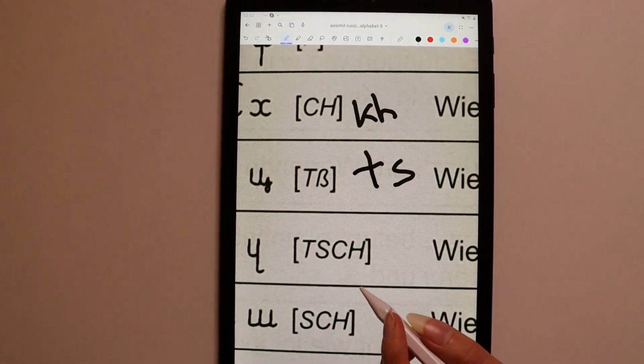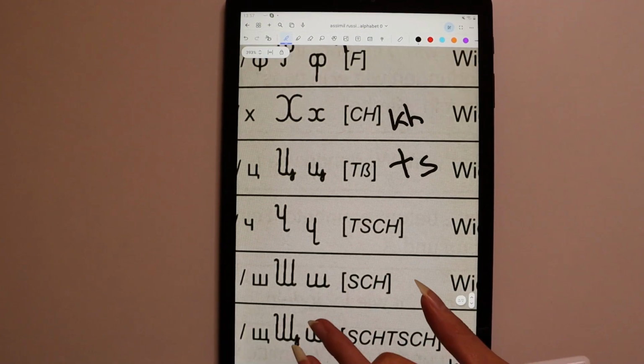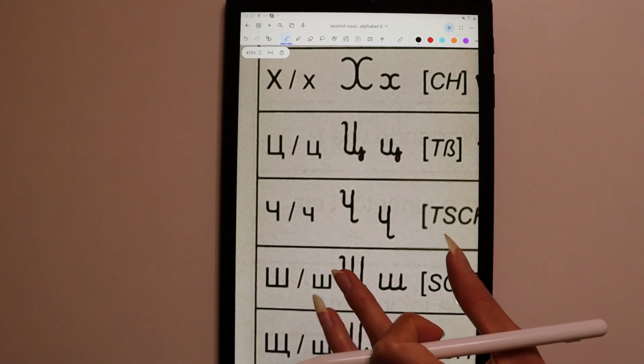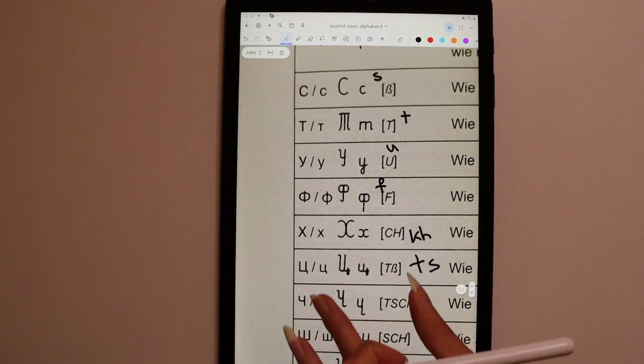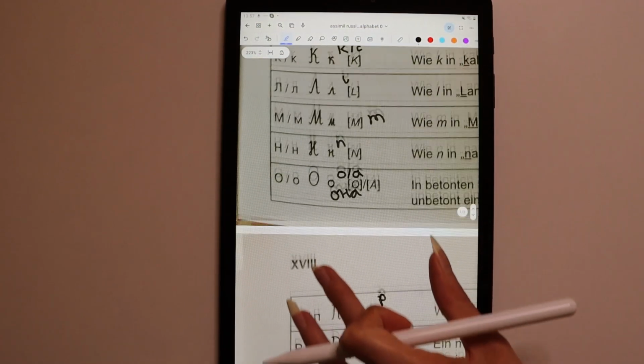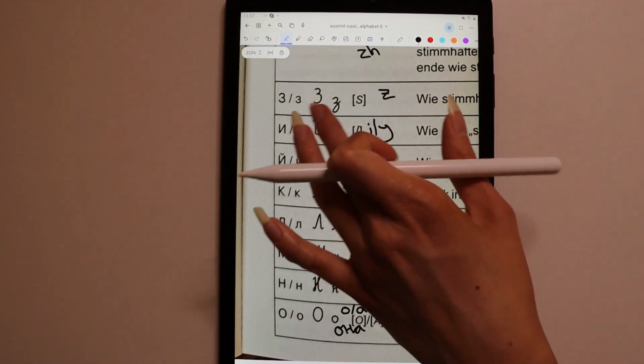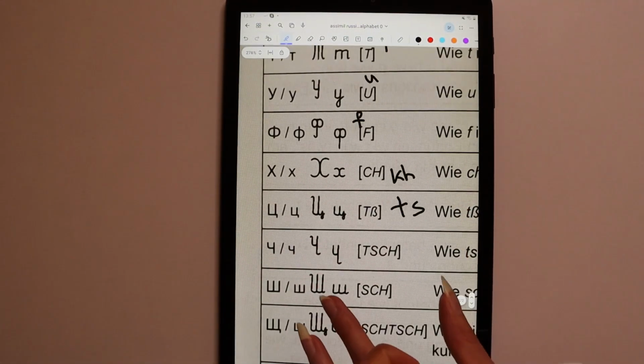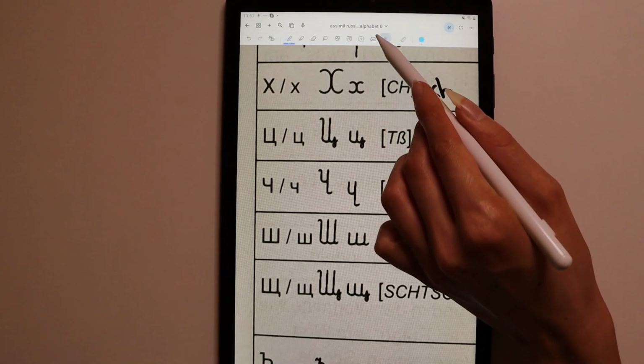Tse. I always thought it's kind of like a Z, but this letter is more like a Z. The Z is more like a Z, this one. And tse is more like a TS. Tse. And then we have chair.